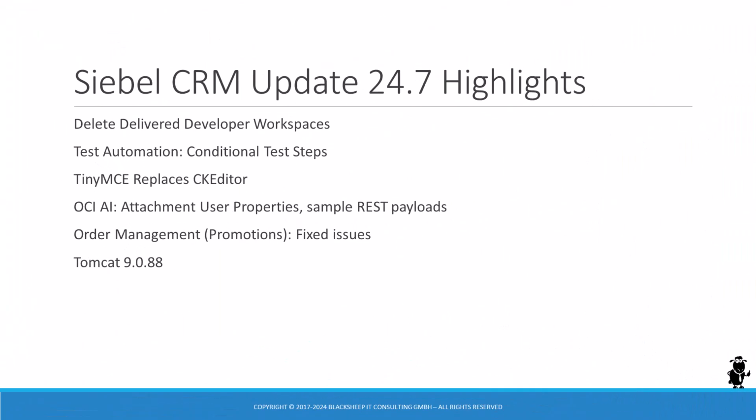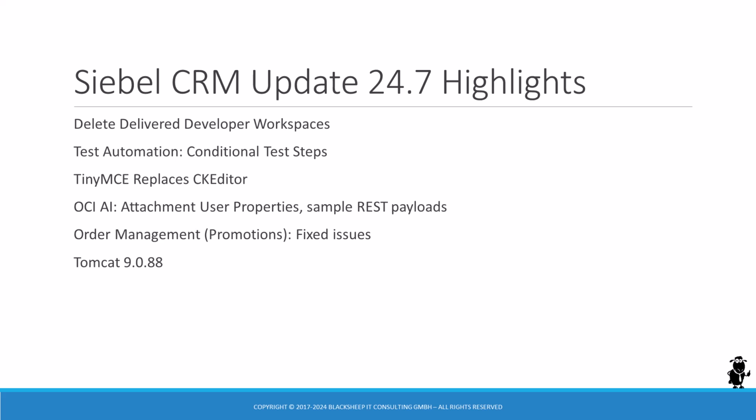Oracle launches into the second half of 2024 with the July release of Siebel 24. The Siebel CRM 24.7 update package and higher includes the following features and enhancements. Deleting delivered developer workspaces is at the workspace administrator's disposal. Steps in test scripts can be executed or skipped based on conditions.